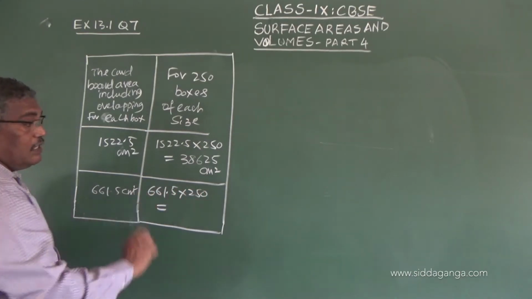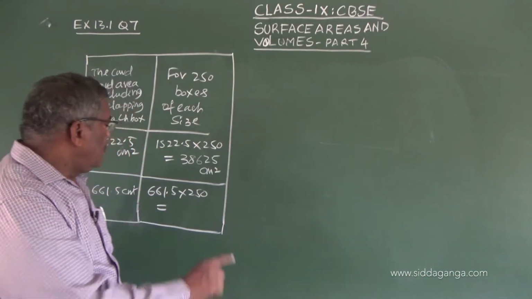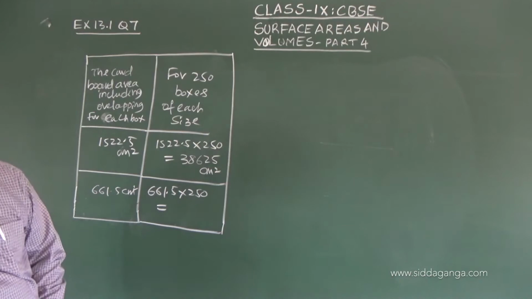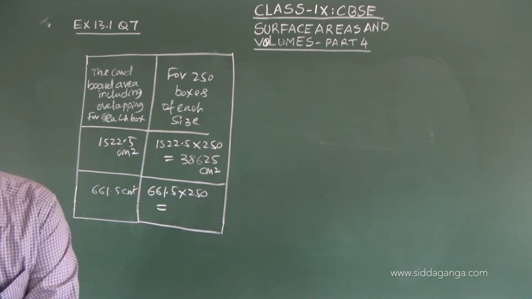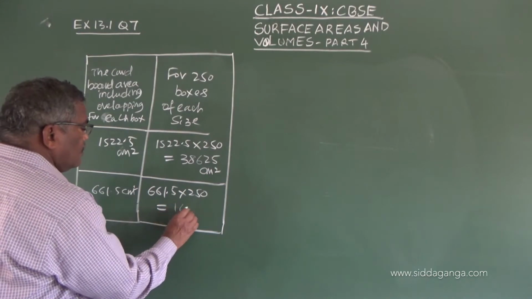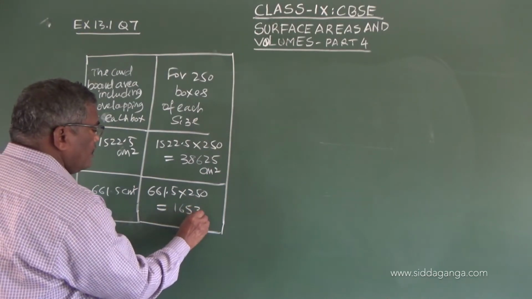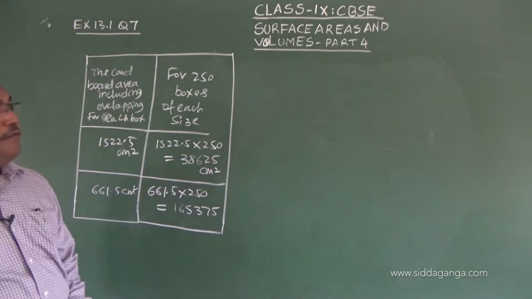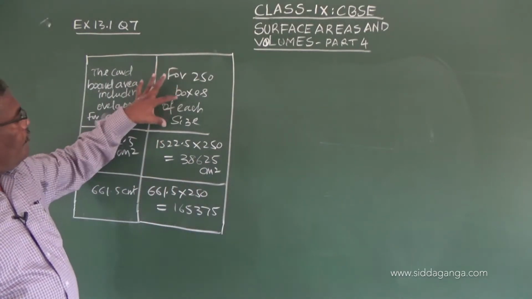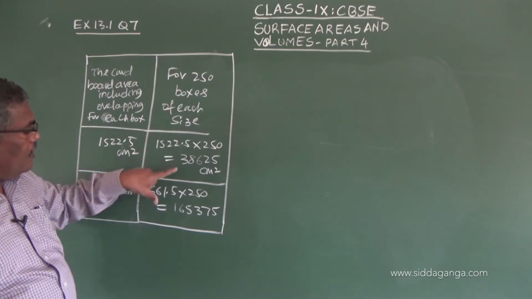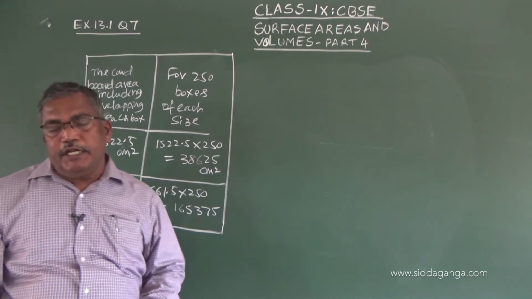For one box it is 661.5, for 250 boxes 661.5 into 250, 165,375. So for 250 boxes, this is for the bigger box area, this is for the smaller box area.